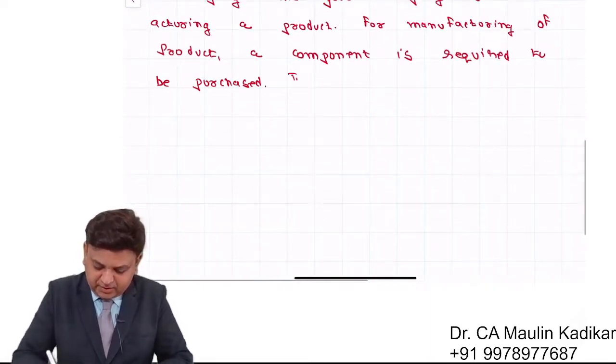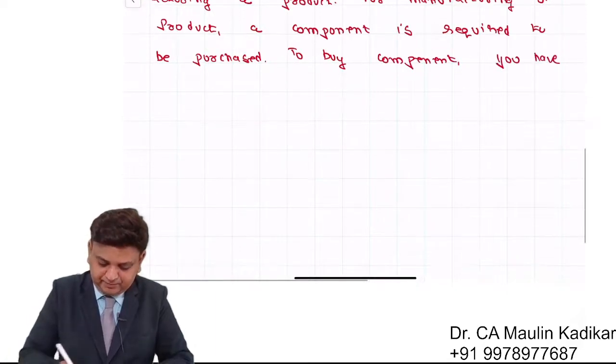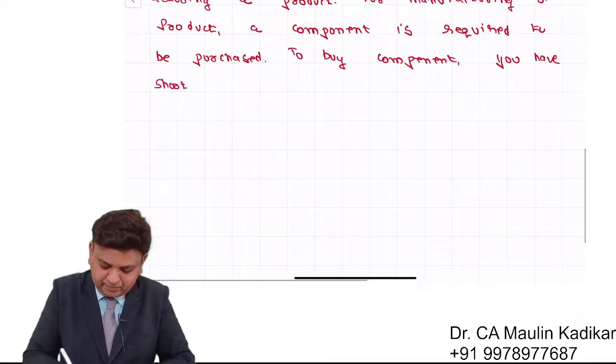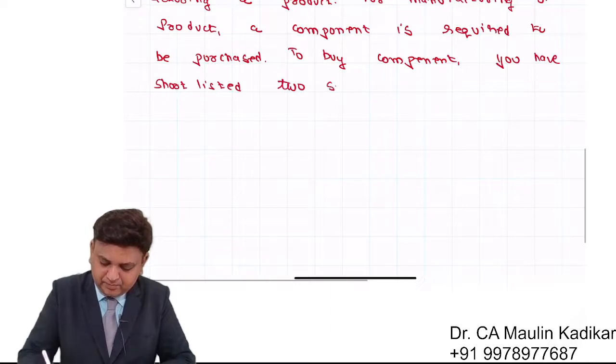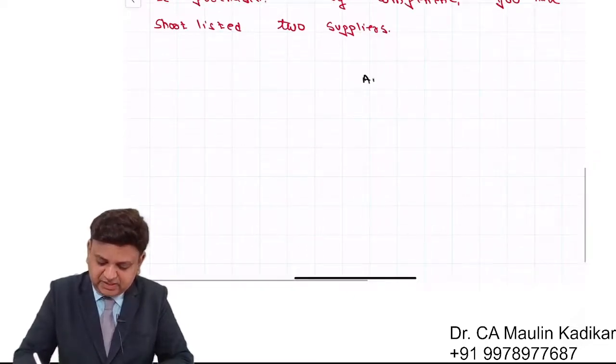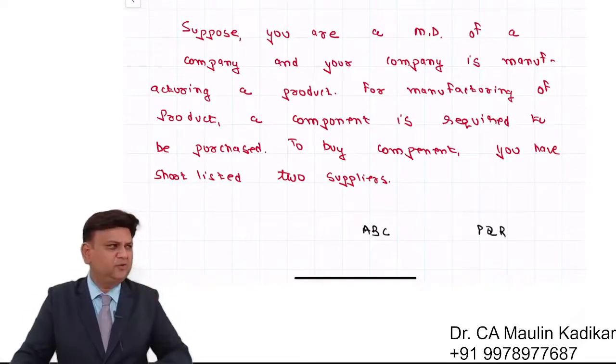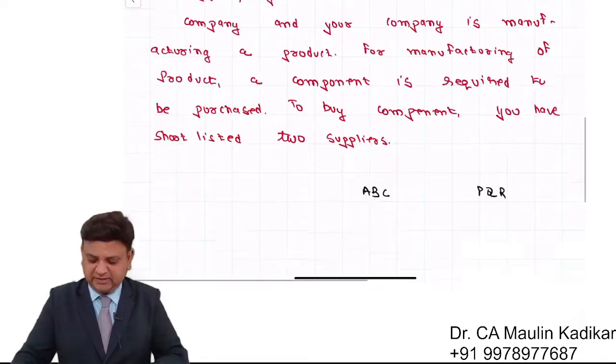To buy the component, you have shortlisted two suppliers, ABC and PQR.